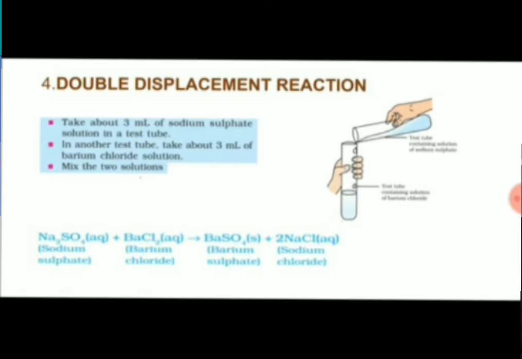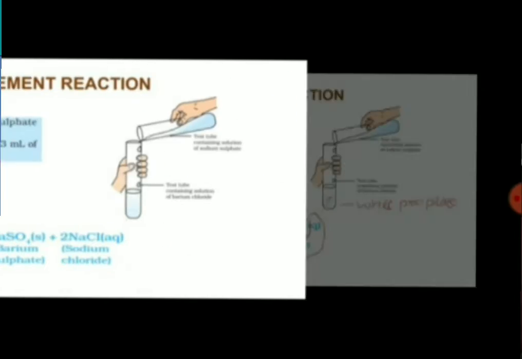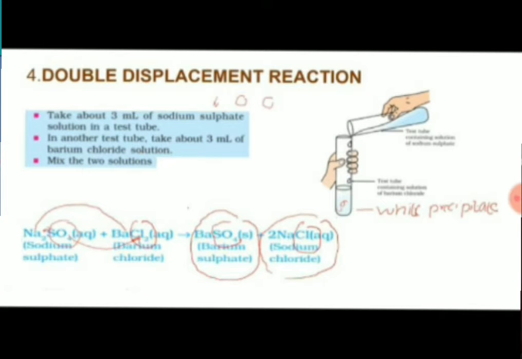A white precipitate is formed from the reaction because of the formation of barium sulfate, and sodium chloride is also formed. Here sodium is displaced by barium and sulfate is displaced by chloride. Here two displacements happened, so a white precipitate forms. This is a double displacement reaction.